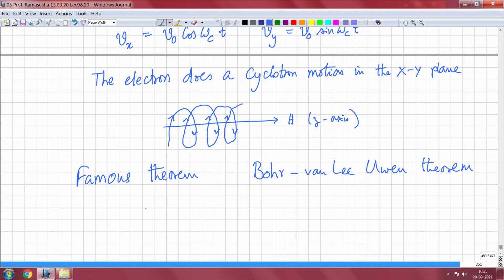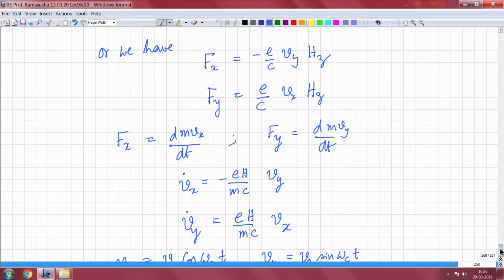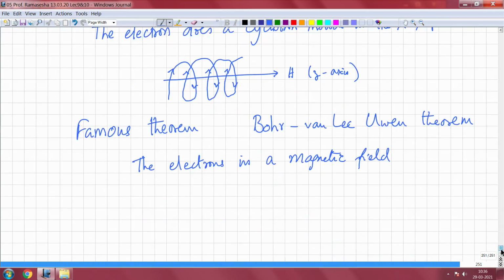It says that electrons in a magnetic field, if you forget the spin, behave as non-magnetic entities.